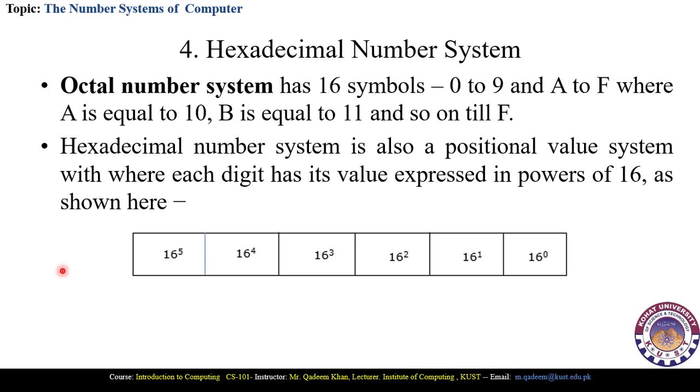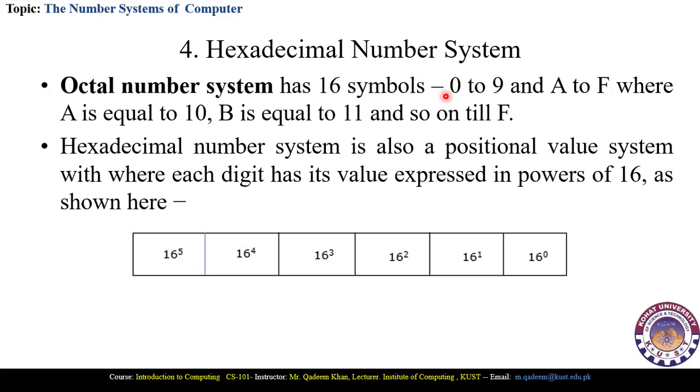The fourth and final number system is called the hexadecimal number system. As its name indicates, in the hexadecimal number system we have 16 different values, and these 16 symbols are used to represent the hexadecimal number system.